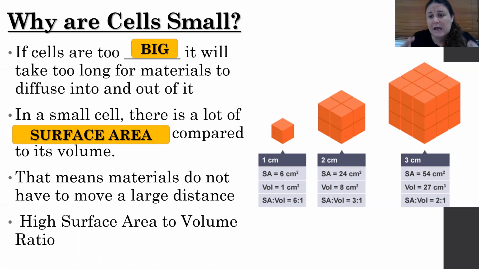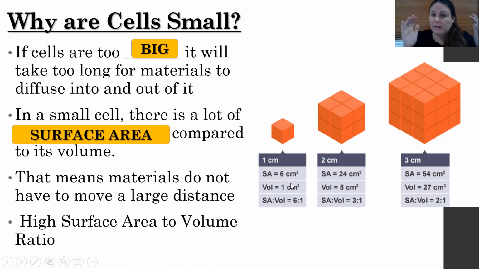What you're seeing on your screen is three cells: small, medium, and large. They've calculated the surface area and the volume. The surface area is 6 centimeters squared, and the volume of this cube is 1 centimeter cubed.